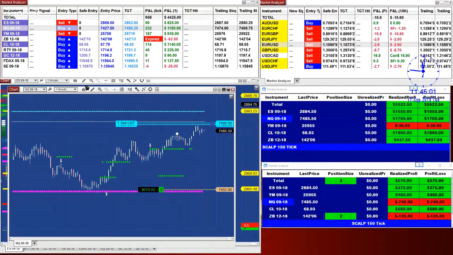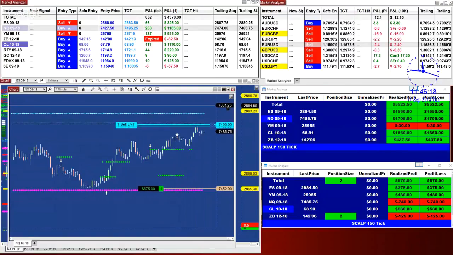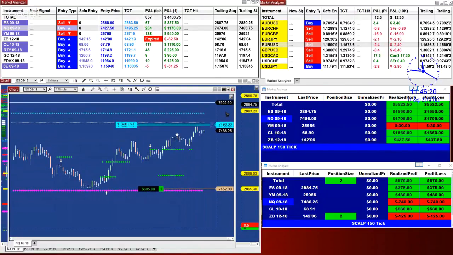It's a close position, open position. So the bar came in there, but I was slow to take it. But we'll see, it's going to climb one more time.